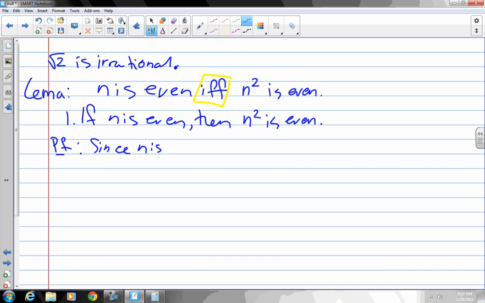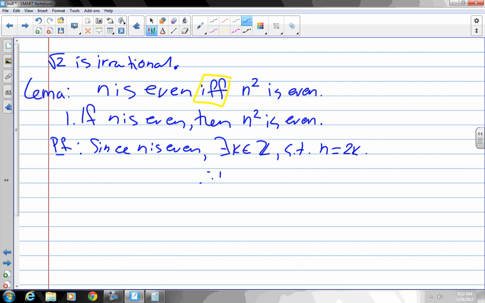Since n is even, there exists an integer k so that n equals 2k. That's the definition of even. That's how we define even.